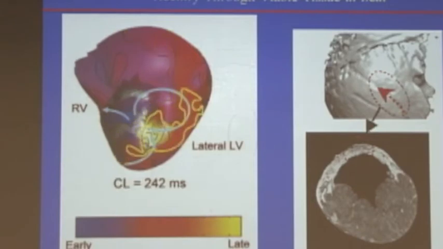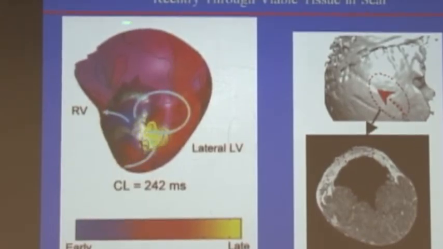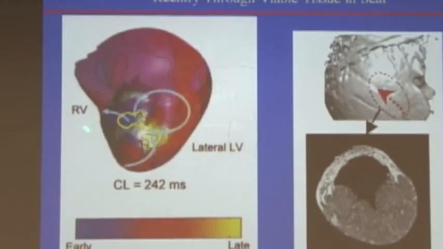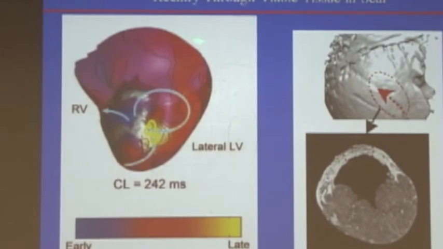The scar areas were then superimposed on the electrical information. You see this scar here that's been registered to the electrical information, and then that nice little figure of 8, where one side was zipping around this way and the other side was zipping around that way. And the VT actually seemed to be going right through the middle of the scar.